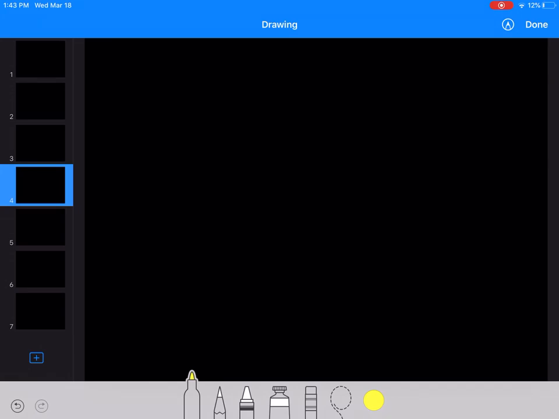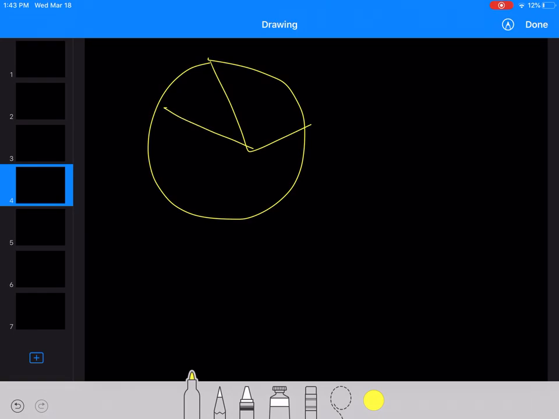So here's our circle. We have lots of angles here, and P is the center. I have D, C, B, and A. This is 73 degrees.